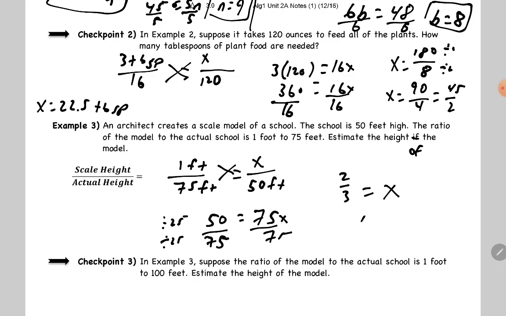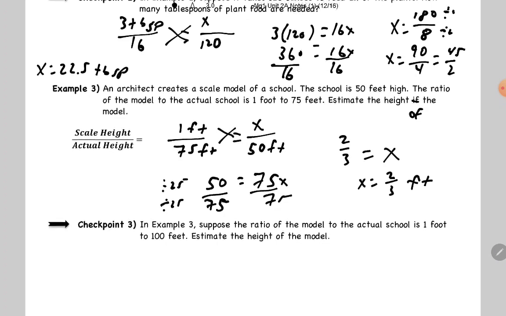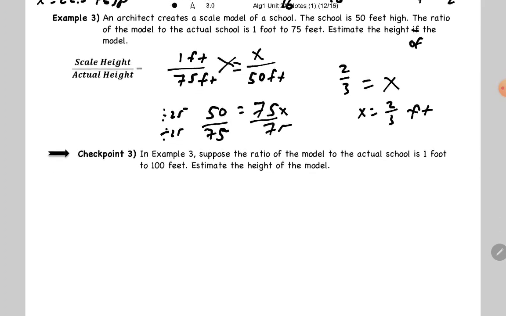So x equals 2/3 feet, 2/3 of a foot. Or 8 inches. Is that right? Yeah, 12 inches in a foot, 2/3 of a foot is 8 inches, yep.